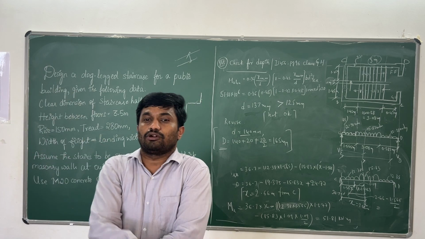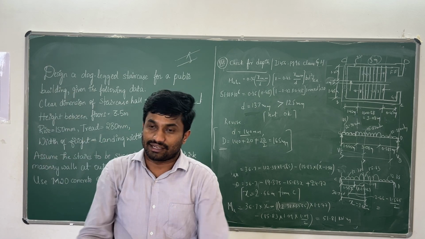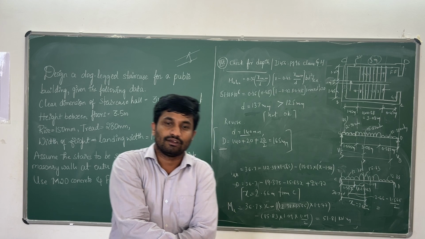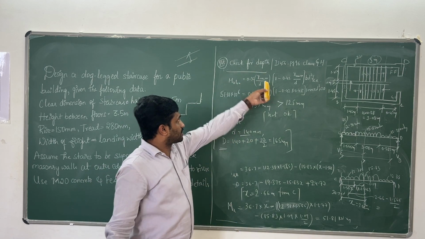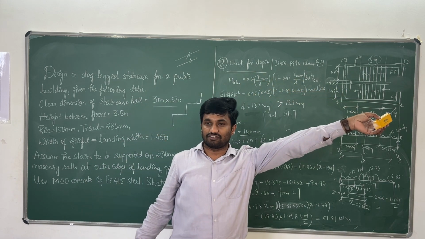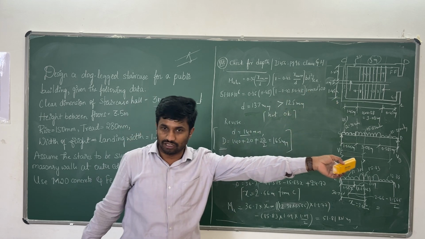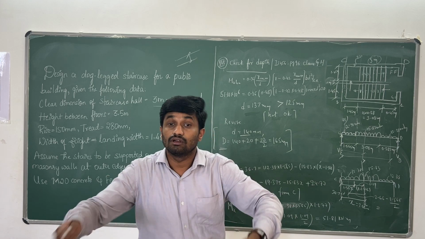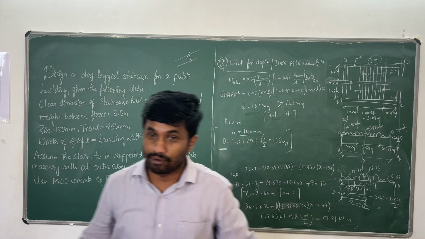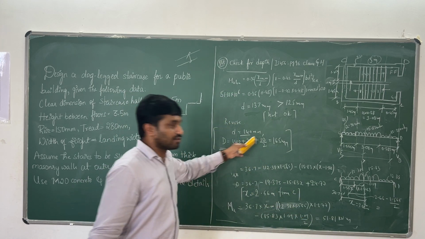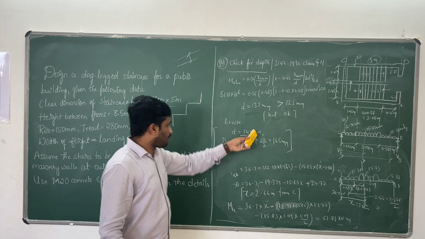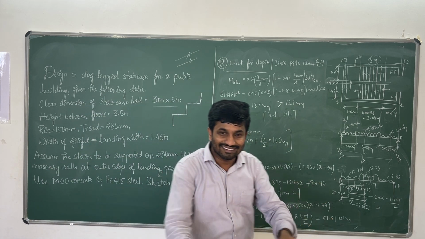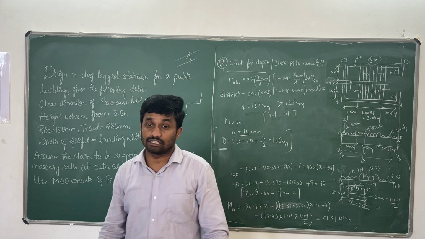So this is the thing you have to do. Earlier we assumed the slab thickness and calculated the effective depth. Later, in the check for depth criteria as per limit state design, we have one equation. Based on the equation we computed the depth, but it is a little bit more, 12 mm. So we revised the section. We assumed the new one, 140, then the thickness will become 165.